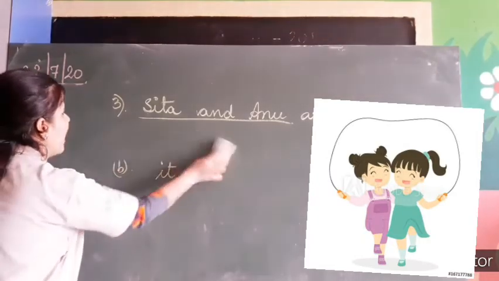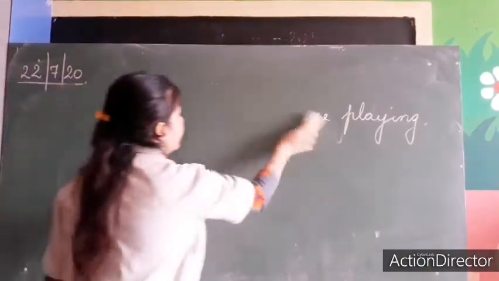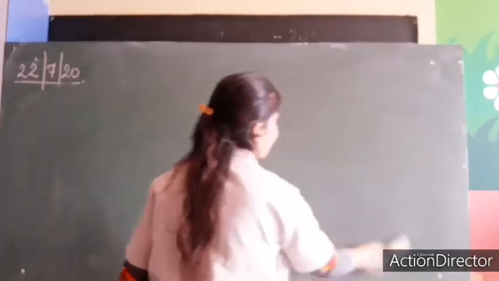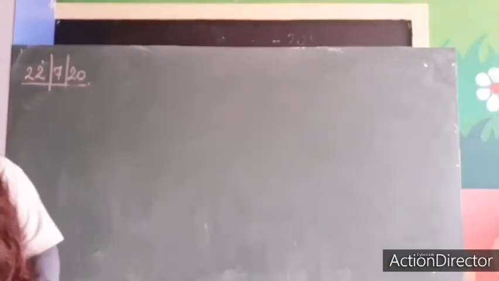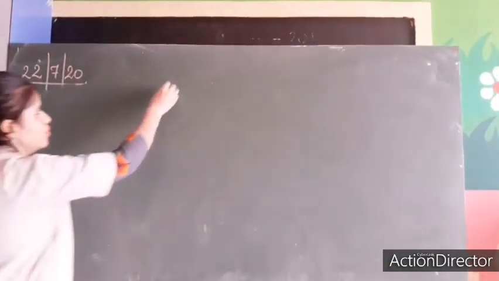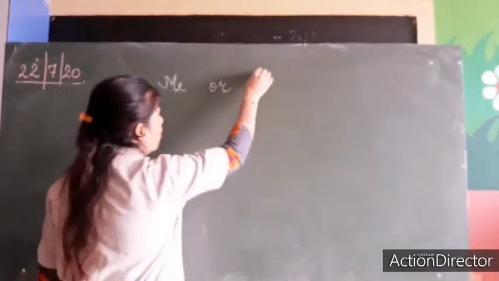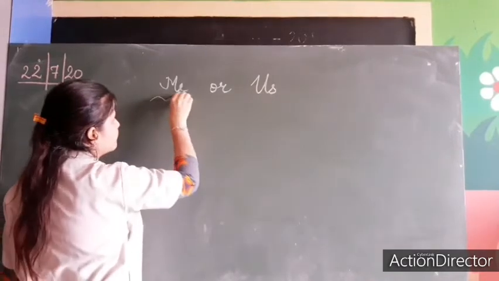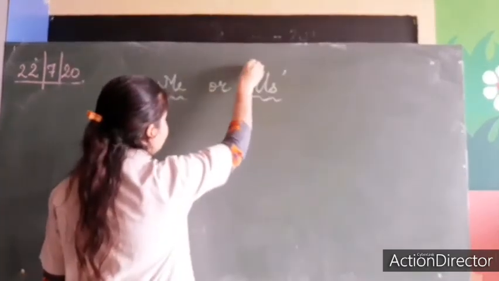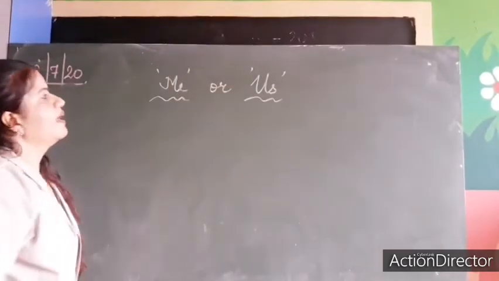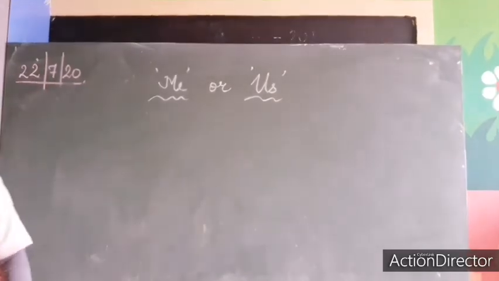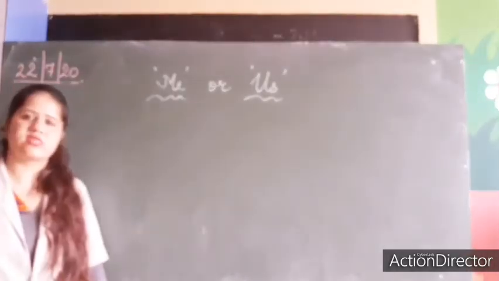So, now I hope pronouns are clear to you all. And now, we will do one more concept, that is me or us. Very easy. Me and us are also pronouns.